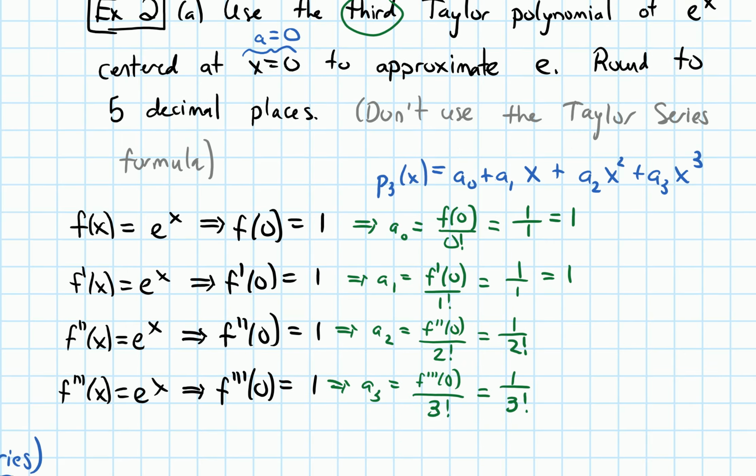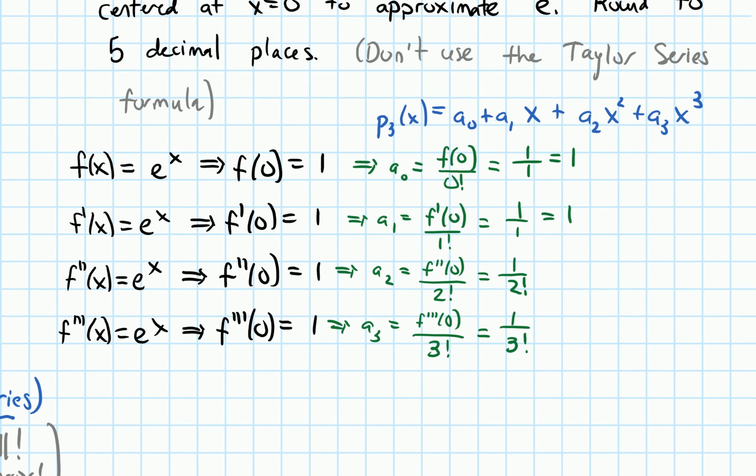Okay, so now that we have those, we are ready to plug in to our polynomial. So P3 of x, well, our constant term coefficient was 1. A1 is also 1, so we'll just get x. The x squared coefficient was 1 over 2 factorial, so we'll get x squared over 2 factorial.